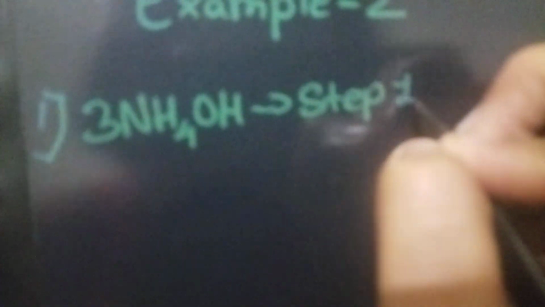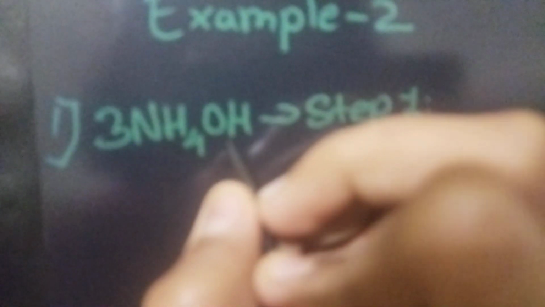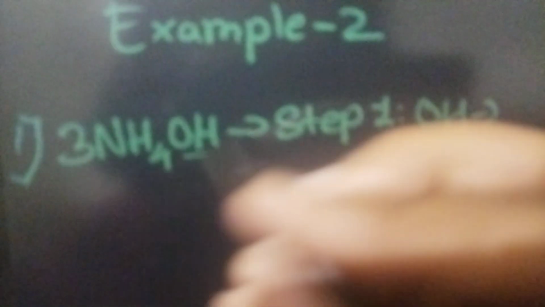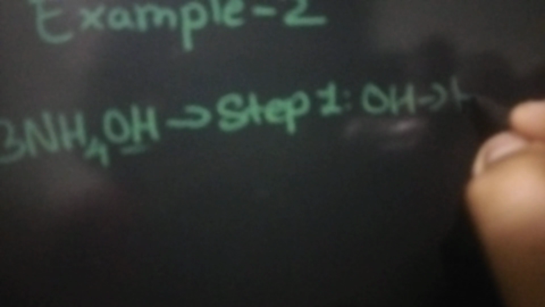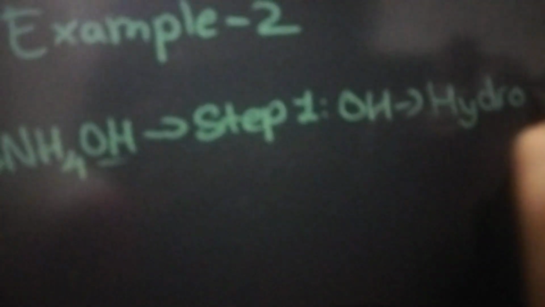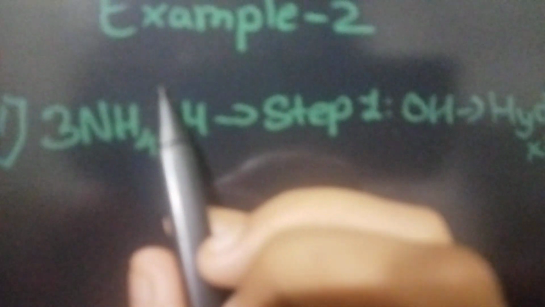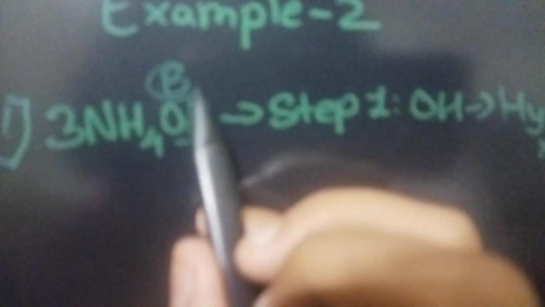So let's start with step number 1, wherein we deal with the B part. So the B part is OH, and we know that whenever an equation ends with OH, it means hydroxide, right? So step 1, that is the B part, we have found out.